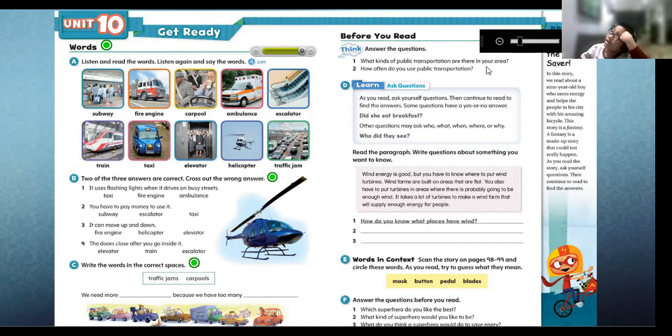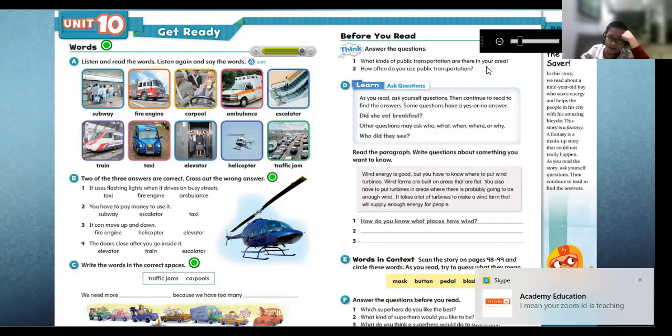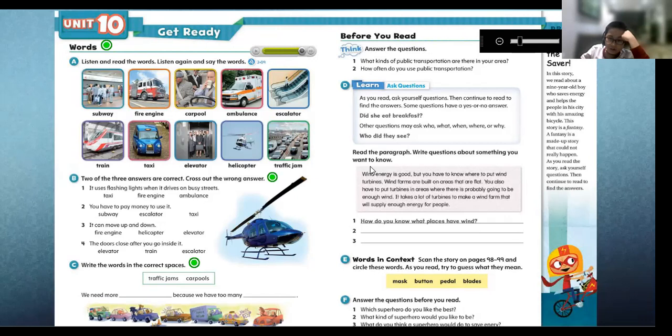Oh, I have a taxi. And bus. Do you have a bus, taxi, an ambulance?